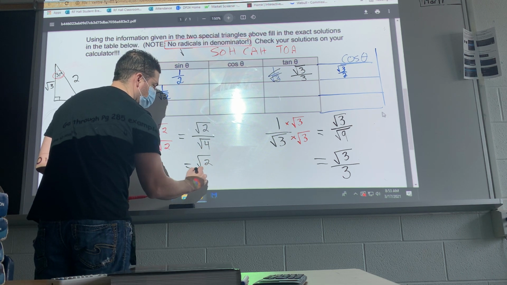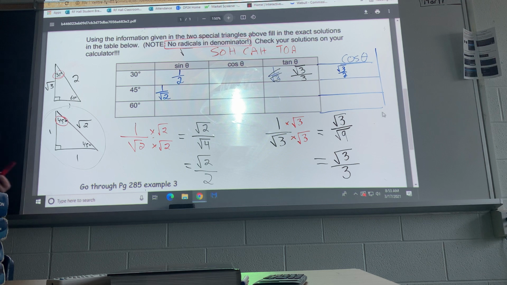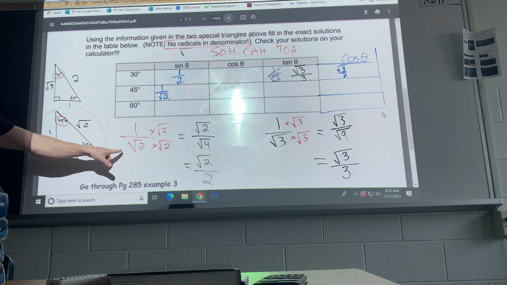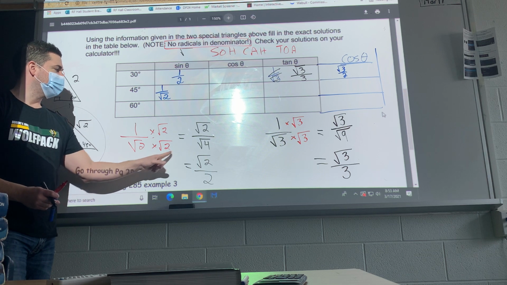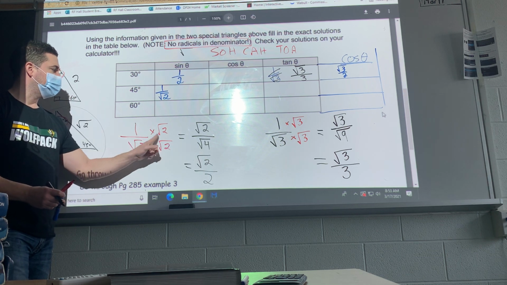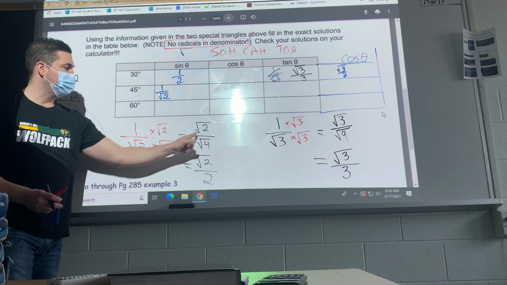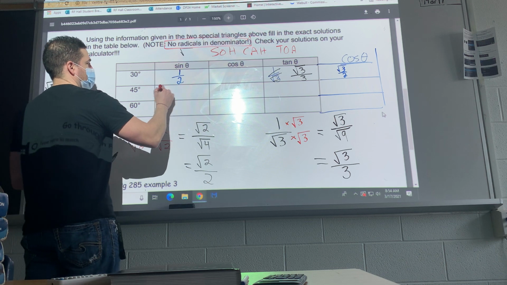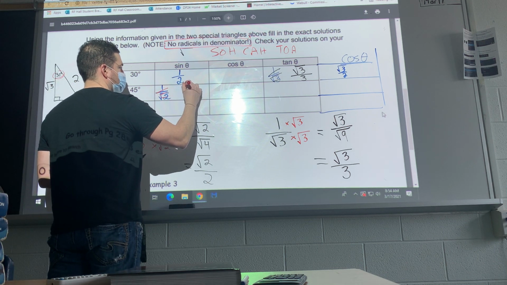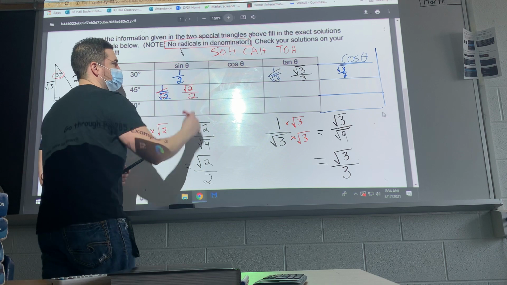It becomes root 2 over 2. So, opposite over hypotenuse, 1 over root 2, but we have a radical in the denominator, so we multiply it by itself. Root 2 times root 2 is root 4, 1 times root 2 is just root 2, and now we square root the 4 and get 2. So for sine 45, it's root 2 over 2.